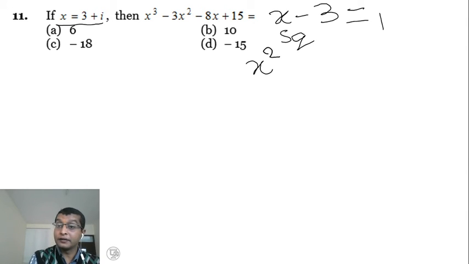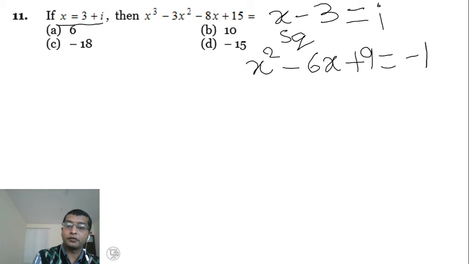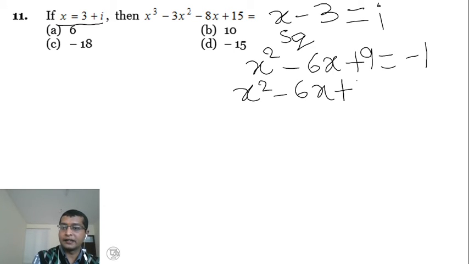Next, minus 2ab, so that is minus 3 into 2 into x, 6x, plus b square, so it is 9, and here i square is minus 1. If I transpose minus 1 to the LHS, we get x square minus 6x plus 10 equal to 0.